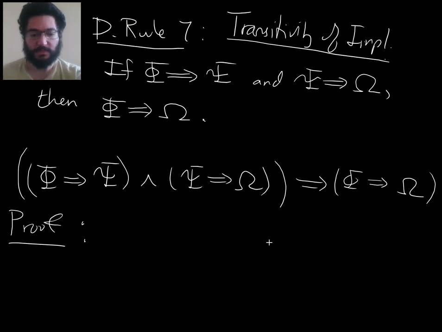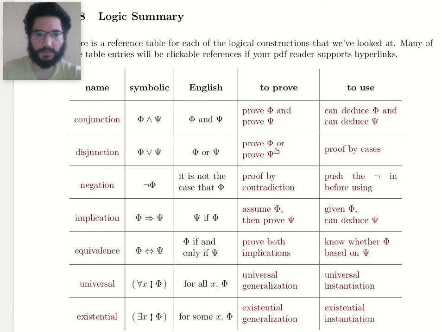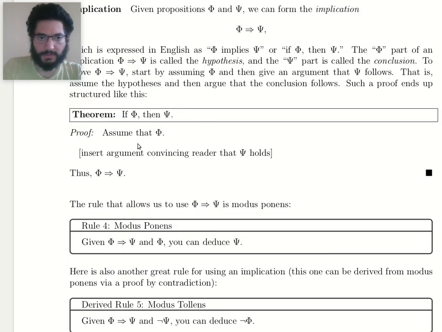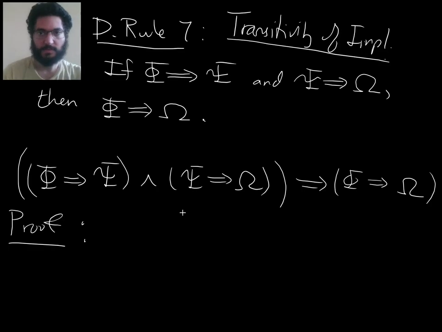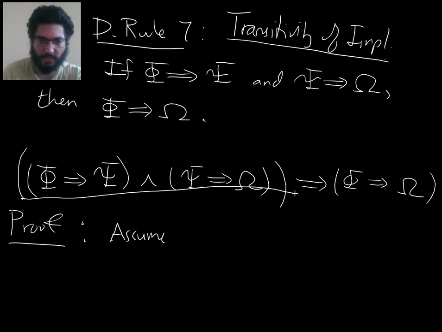So what must I do? To prove an implication, I should assume the hypothesis and then attempt to prove the conclusion. If I want to prove if a bunch of junk, then a bunch of other junk, then I should assume the first junk, the hypothesis, and then come up with an argument convincing the reader of the conclusion. So here, I must start by saying, assume the hypothesis. The hypothesis is this junk here.